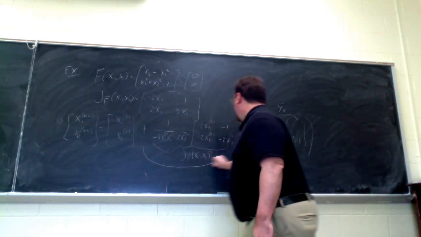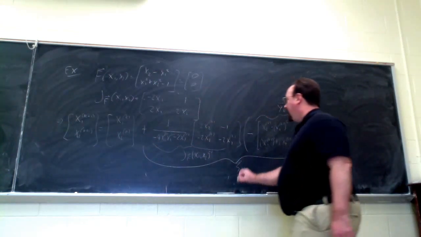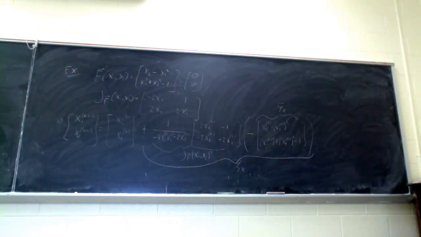This entire thing is sk. So the whole thing is supposed to be minus inverse Jacobian times yk, and I have a minus in there somewhere. So, okay, we're good? Yes. Okay, all right. You didn't sound very certain there, but okay.